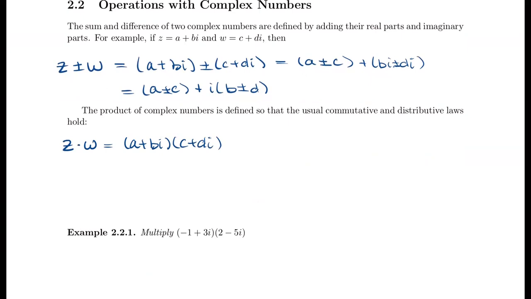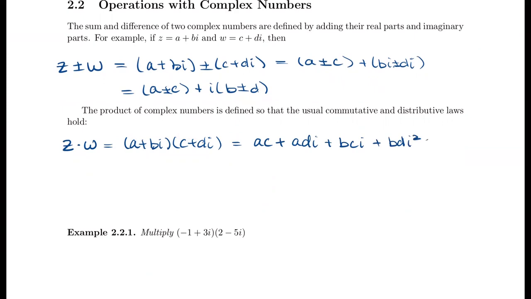We're going to use the distributive property, the FOIL method. So we have ac plus adi plus bci and then plus bdi squared.